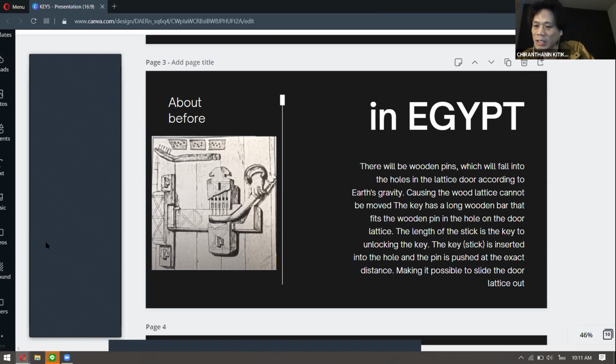Something that's stronger, and if you understand it more, you will understand why they have the master keys and the small key, which is the key that you choose as the locking door.